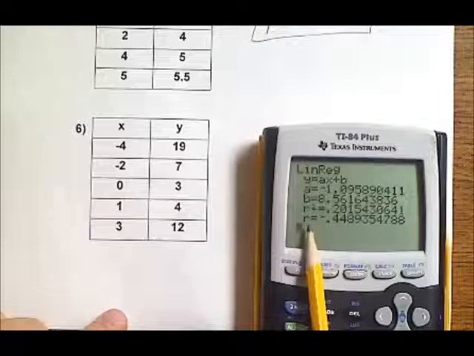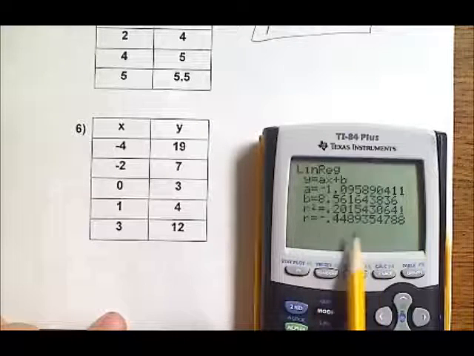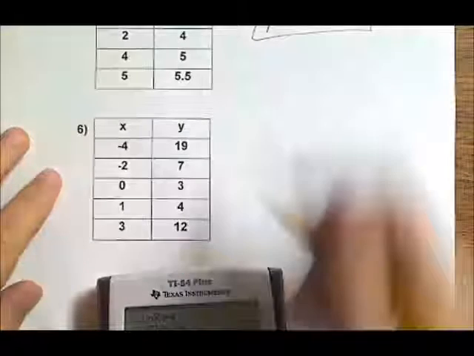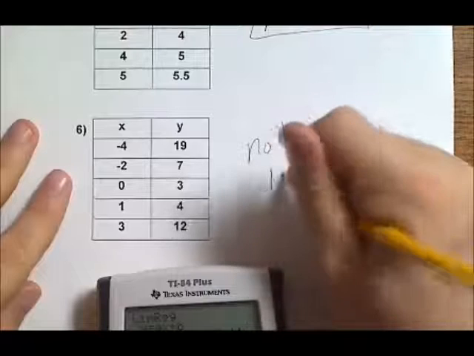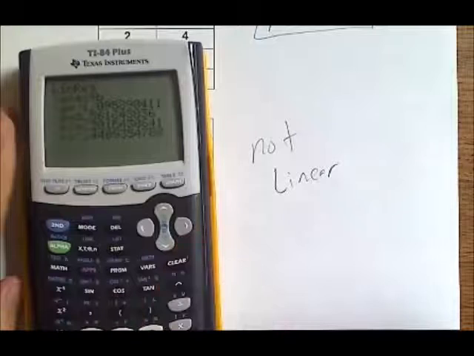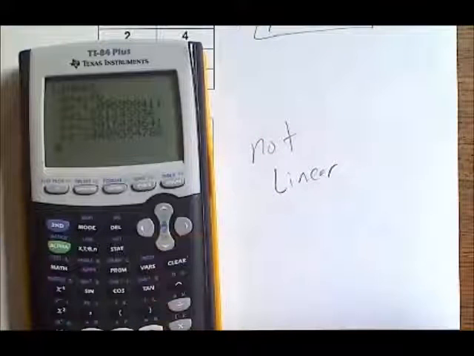And here we see that R is not 1. In fact, it is not even anywhere close to 1, so this is not linear. All because our R value is neither 1 nor -1.